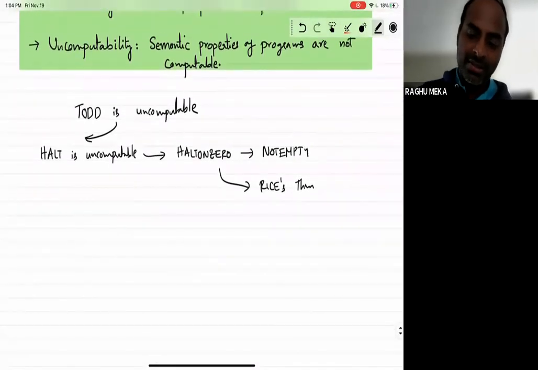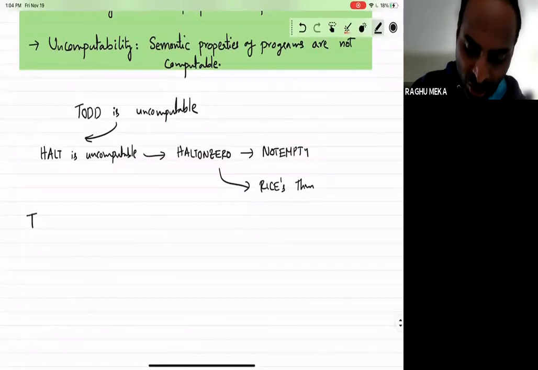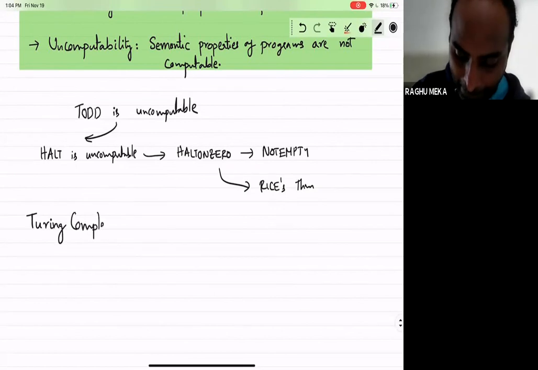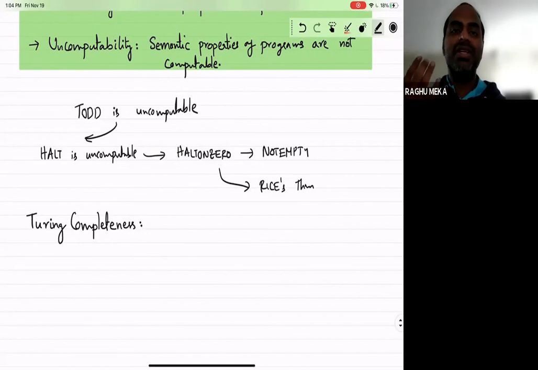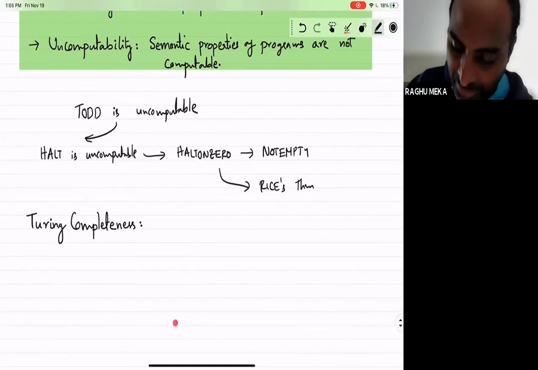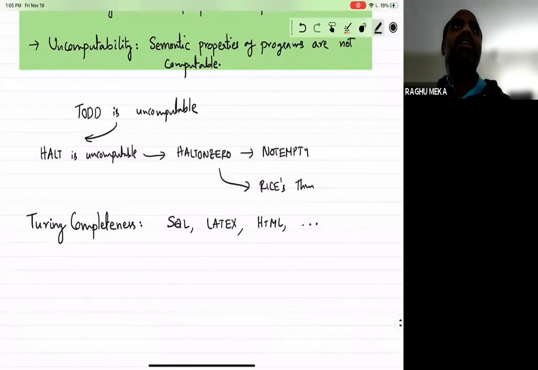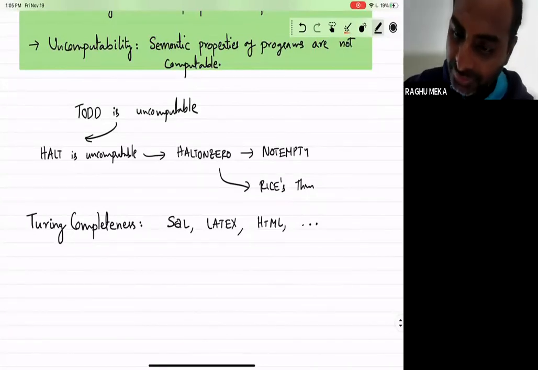So in some sense, we also talked about this notion of Turing completeness. Right? You can try and come up with restricted languages, models of computation, but more often than not, they become Turing complete.